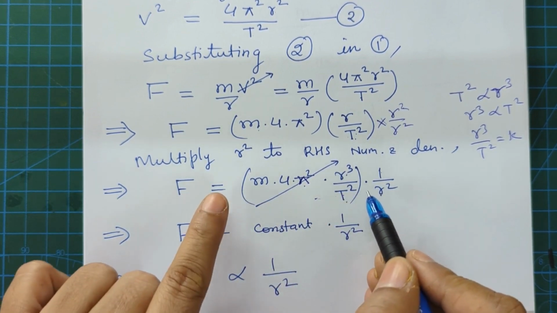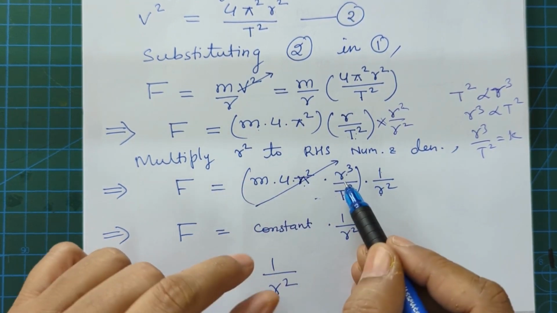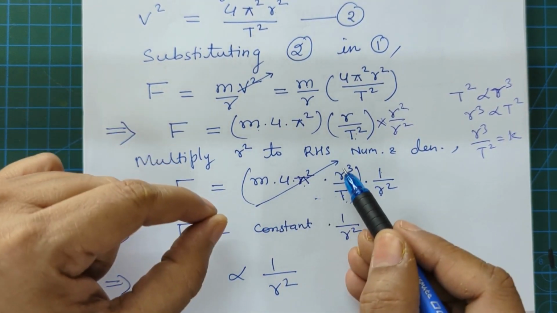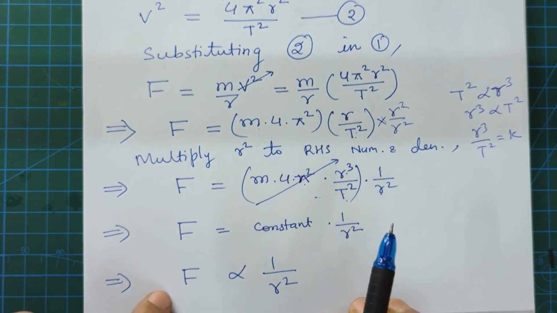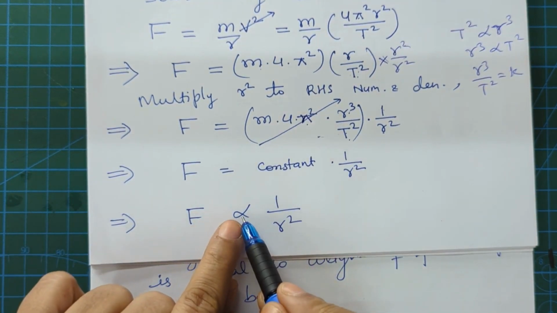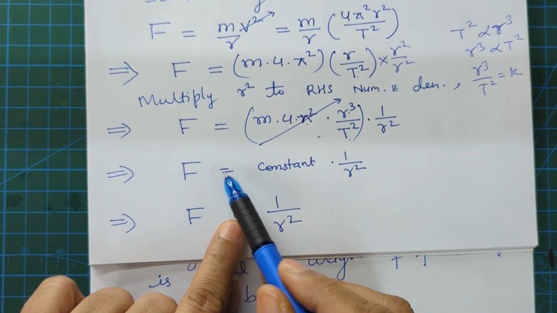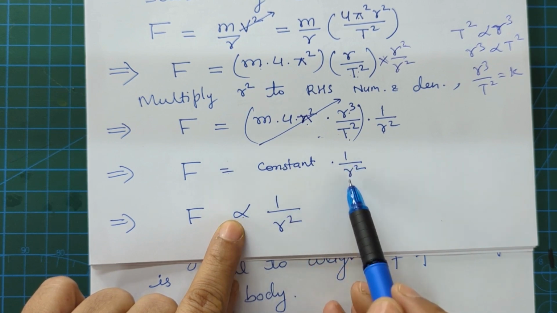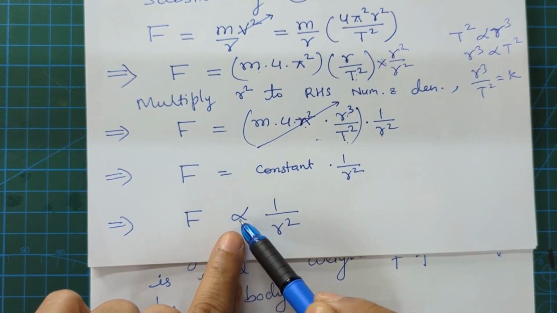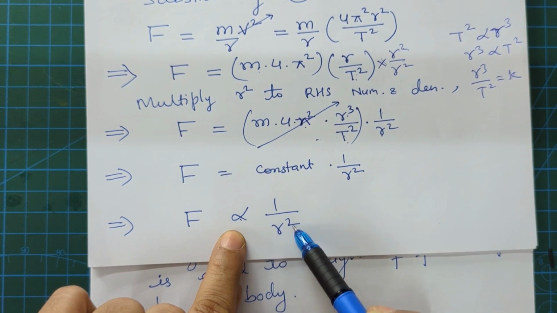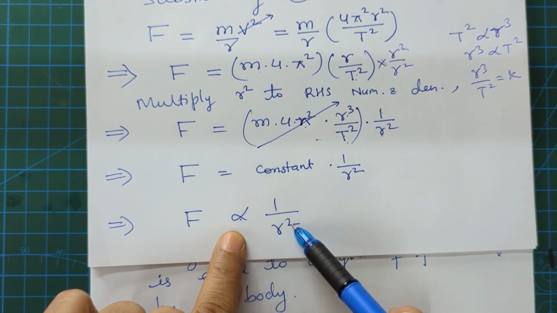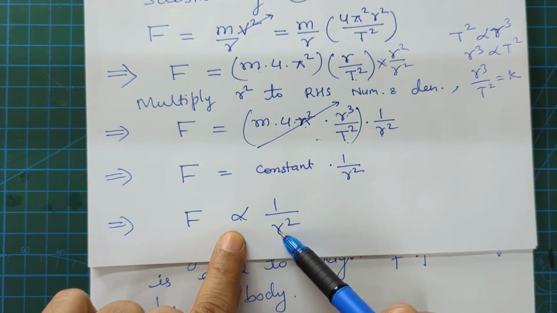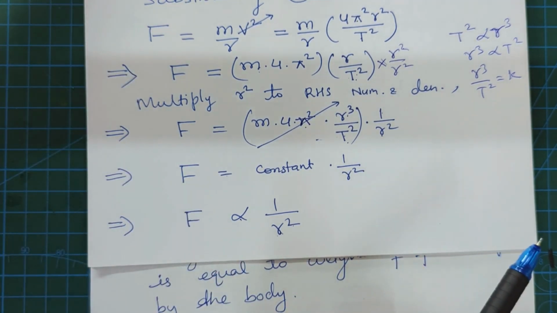We know that whenever we want to replace the proportionality symbol, we put is equal to and constant. This time this is equal to and constant we will replace with the proportionality symbol. So we get F is equal to constant times 1 by r square, or F proportional to 1 by r square. So force is inversely proportional to the square of the distance between the masses. And this is how Newton guessed the inverse square law.